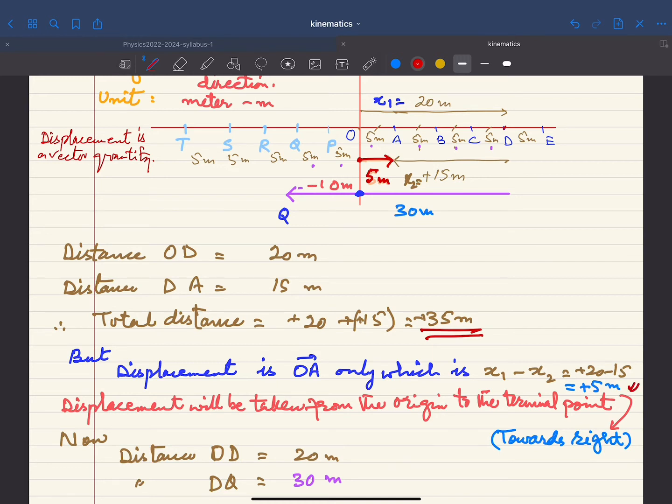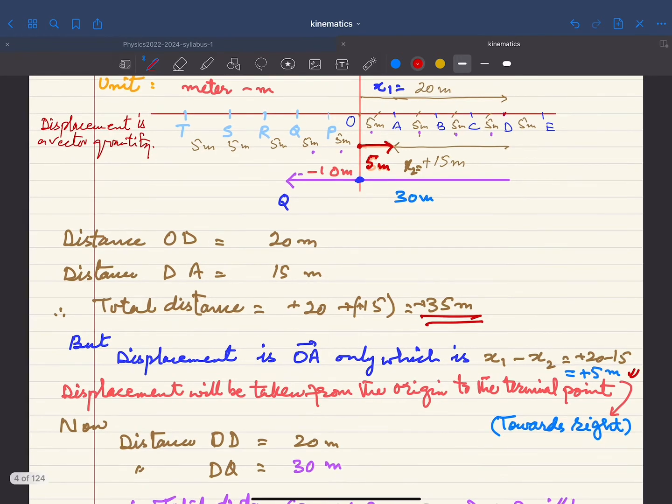So basically you have to check where you are starting, and displacement will be taken from the origin to the terminal point. Initially you are here and you are moving here and there, and ultimately you are coming to this point.